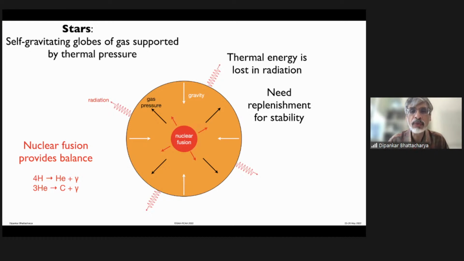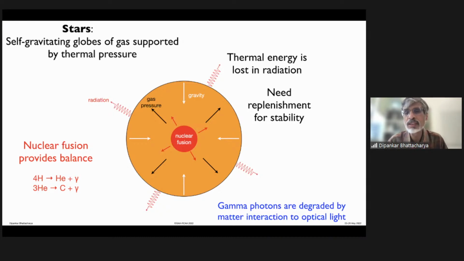And these gamma photons then leave the site of the fusion reaction and interact with matter as they progress, heating up the matter in the process, and the photons themselves getting degraded into optical light. And the matter which has now been heated by interaction with these energetic photons will then emit its own radiation.